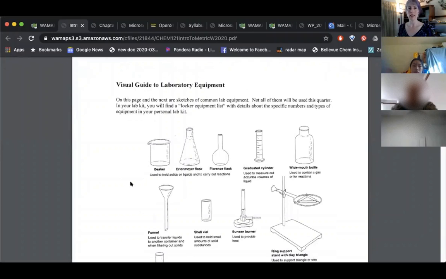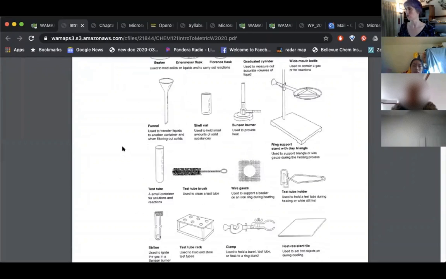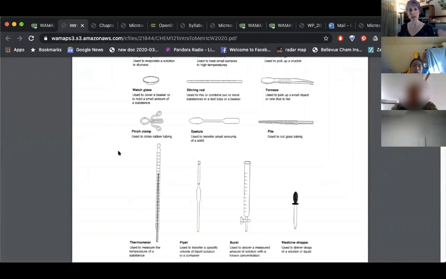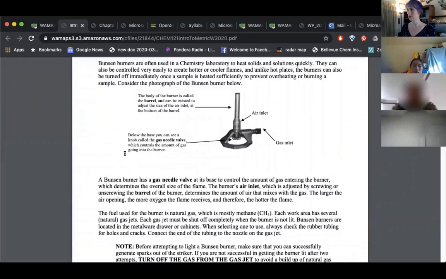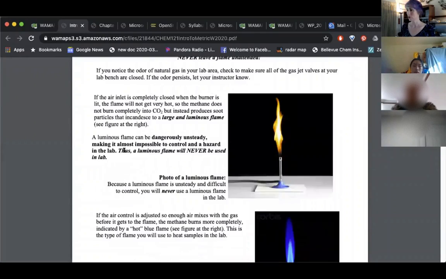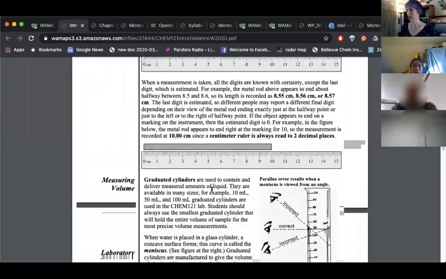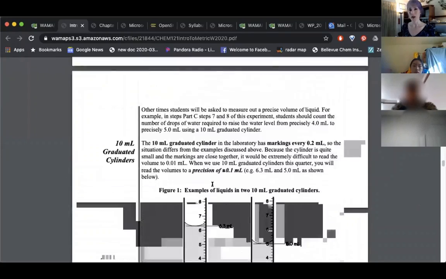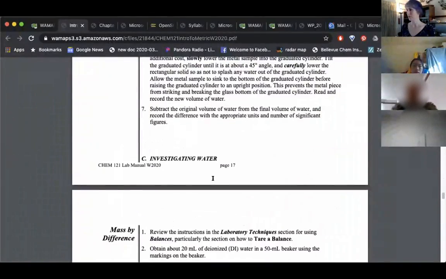Now the visual guide to lab equipment, we're going to talk a little bit more about that. That'll be useful. If you're reading the introduction, you'll look back at that guide to figure out what they're talking about. Bunsen burners. And then here we get to our introduction material. We haven't addressed all of this stuff, so we're really launching into some new content today.